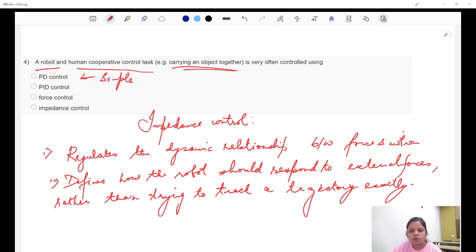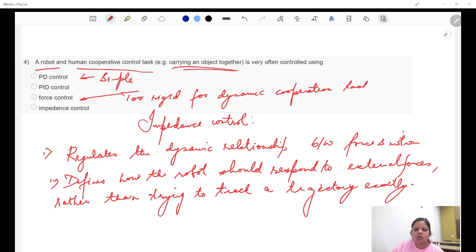Third one is force control. Controls only force, not position and velocity simultaneously. Too rigid for dynamic cooperation tasks. Okay.